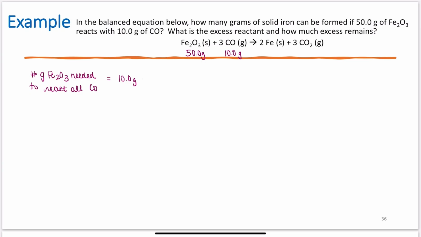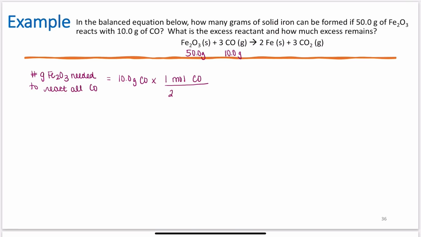I'm starting off with 10 grams of CO. First thing I need to do is convert to moles of carbon monoxide, because again, I cannot compare grams. A gram of carbon monoxide does not contain the same number of particles as a gram of iron 3 oxide.